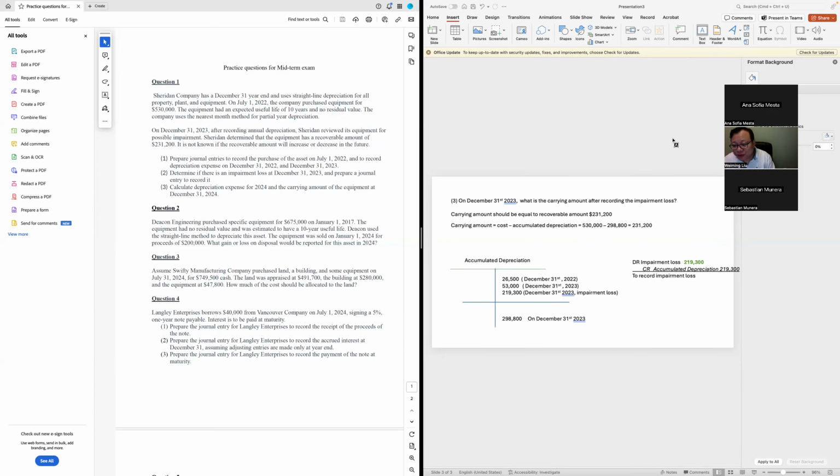So I'm going to use the straight line method. Now my cost is my carrying amount, 231,200. My residual value is still 0.